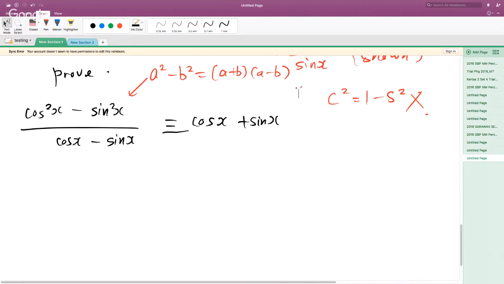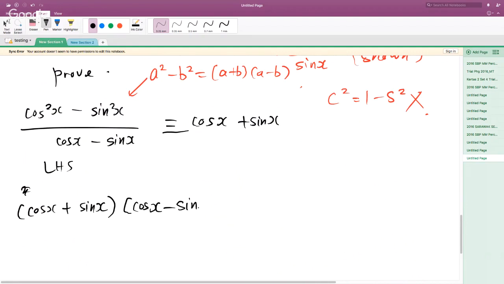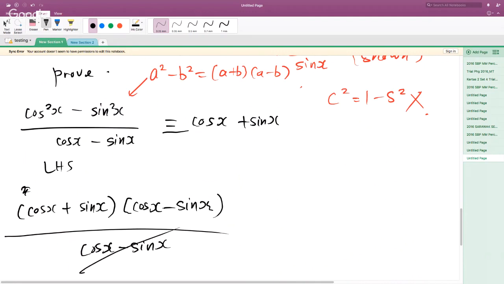So when I see this pattern, I will try to do like this. I will use left hand side definitely. And then I try to become cos x plus sine x, and then this is cos x minus sine x. And then you can see I can easily simplify with the bottom one. And then I will get cos x plus sine x.